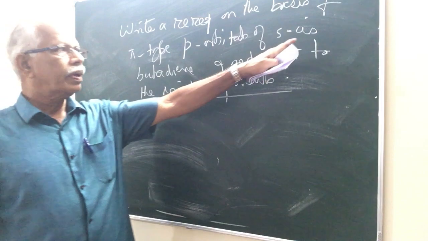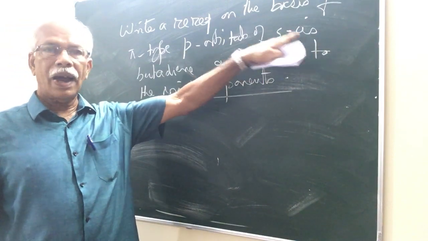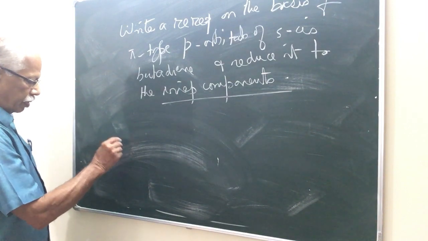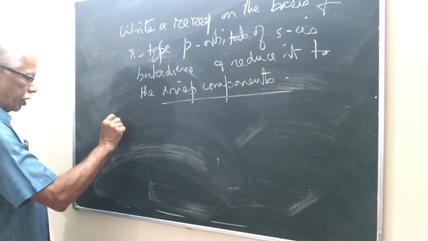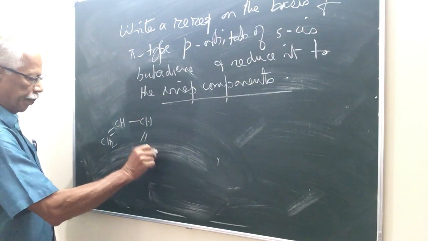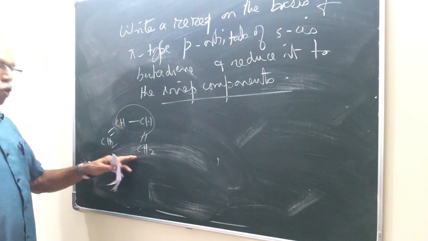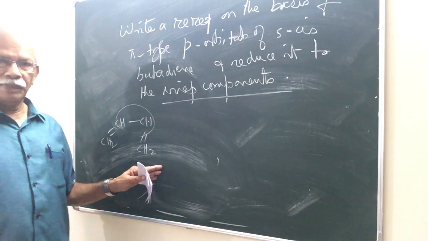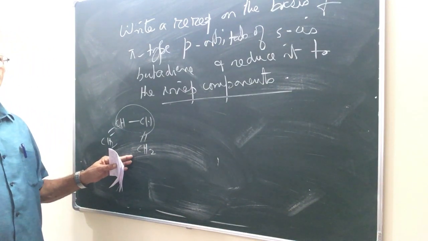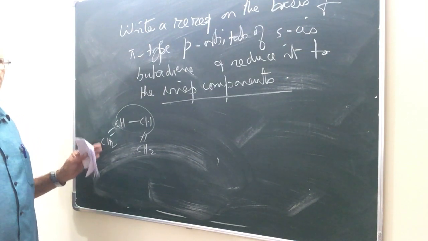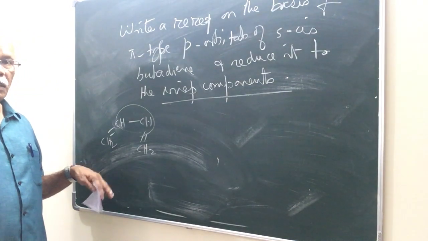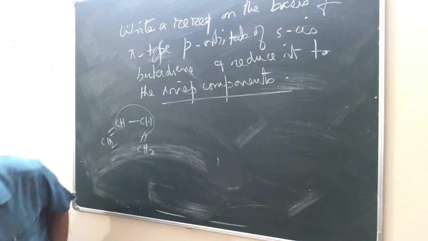It is cis butadiene about the carbon-carbon single bond. This is CH2 double bond CH, CH double bond CH2. About the single bond, the CH2 groups are on the same side. Double bonds are made up of overlap between p-type orbitals which are perpendicular to the plane of the molecule.